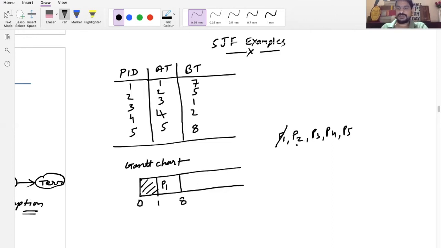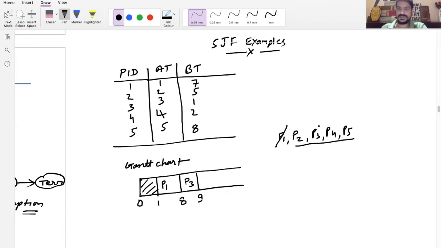From these available processes, we have to choose the next. Which one has the least burst time? P3 has the least burst time of 1. So P3 will come into the CPU and execute, and because the burst time is 1, it will finish at 9.